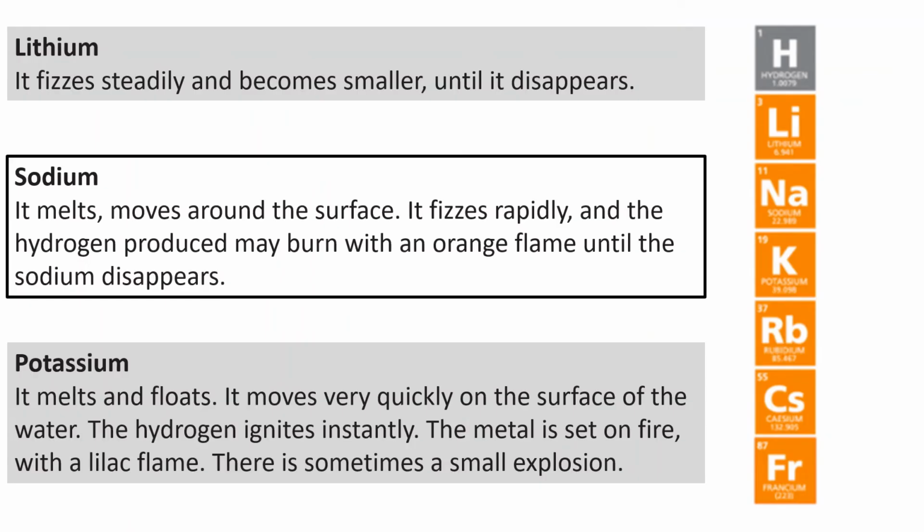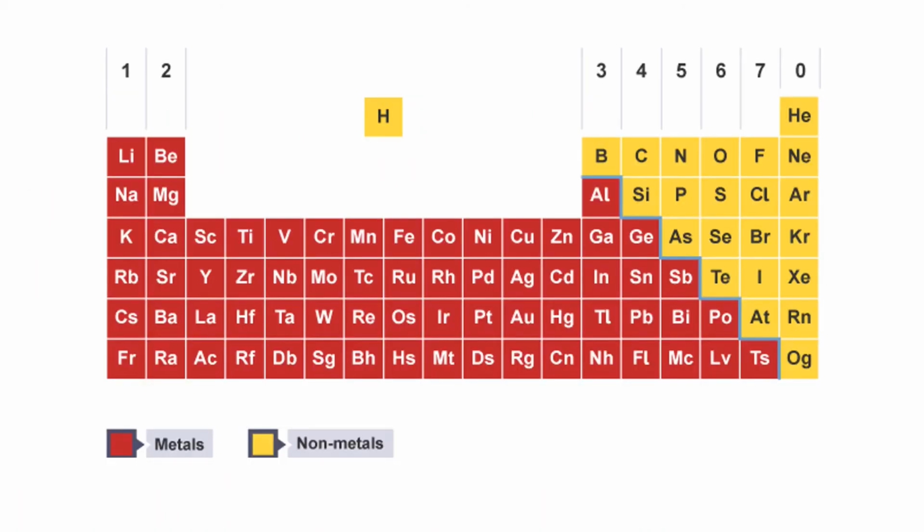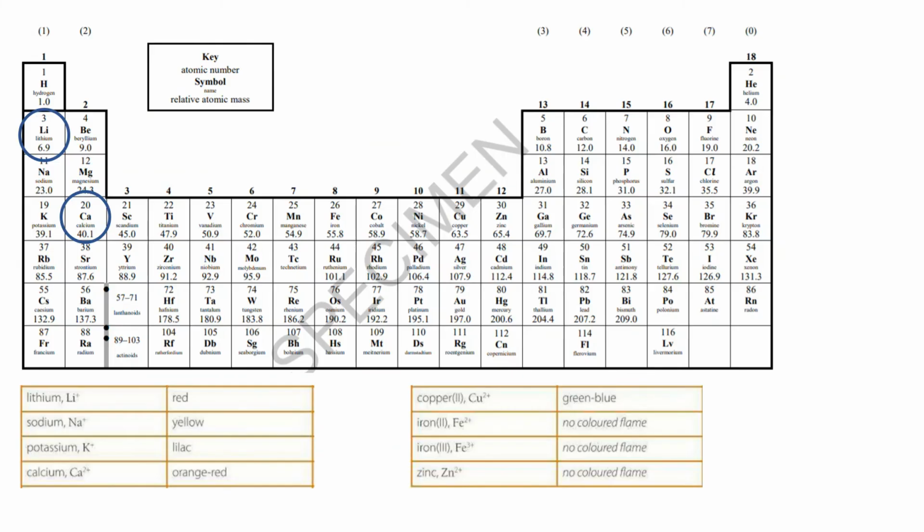All right, so this is just a very quick summary, so you can have a look at this very quickly. I have tried to make a pattern, but there doesn't seem to be a pattern, but you can let me know. For lithium and calcium, lithium makes a red colored flame, calcium makes an orange-red flame, and I've circled it in the periodic table.